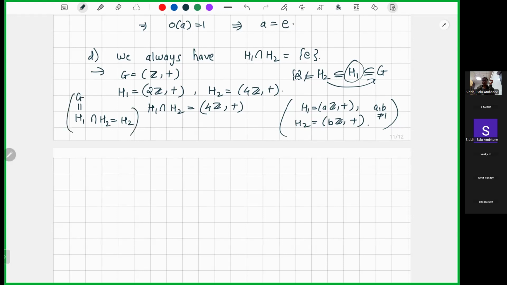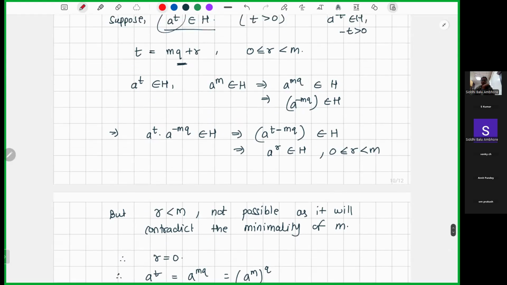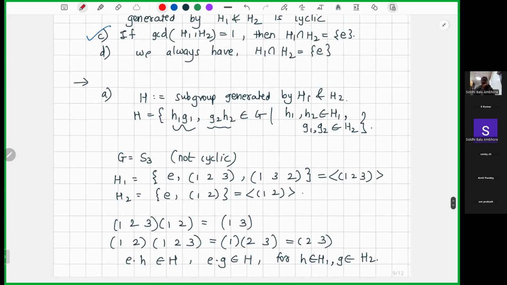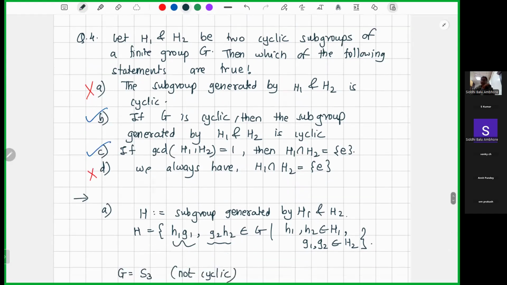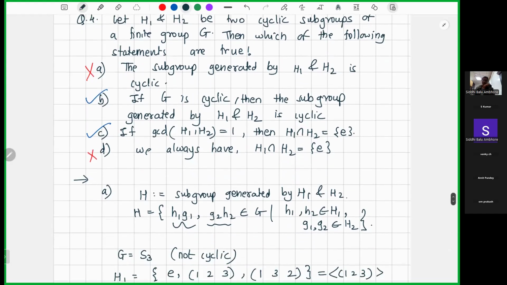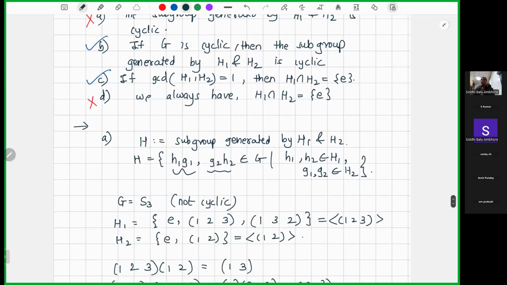Okay, and so this is not true. It will be in some cases, but not always. And here, this will hold only if the GCD of their cardinalities is 1.